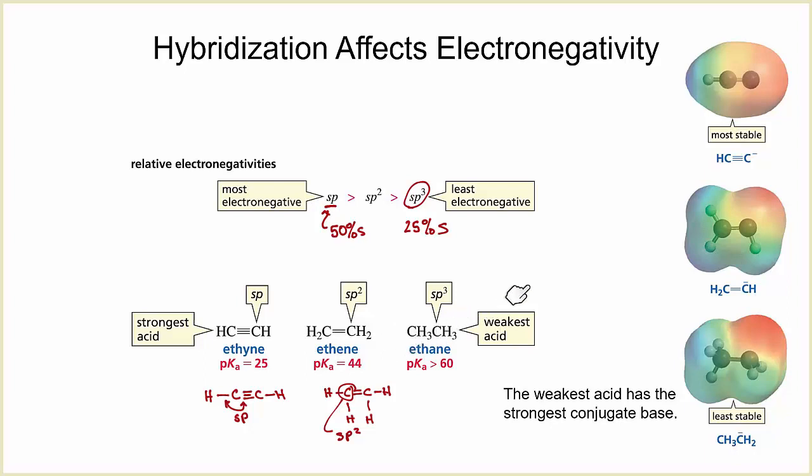When you remove the proton and leave the electrons, that is, you treat acetylene or ethyne as an acid, what you're left with is this. And there's a negative charge, and something, we don't know what in this case, took the hydrogen and left the negative charge behind. That's this electrostatic potential map right here.